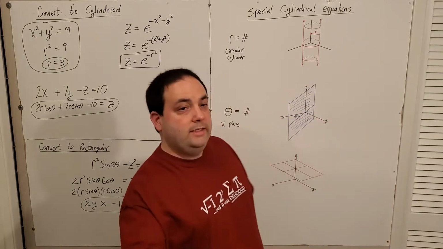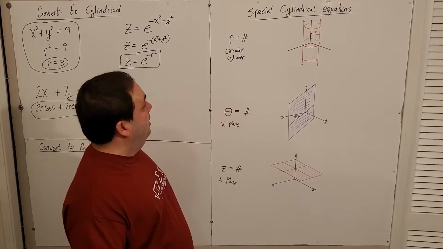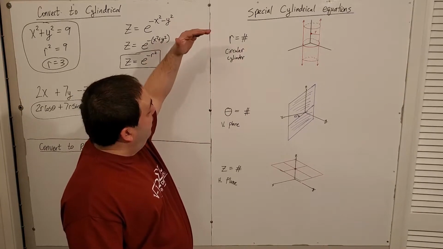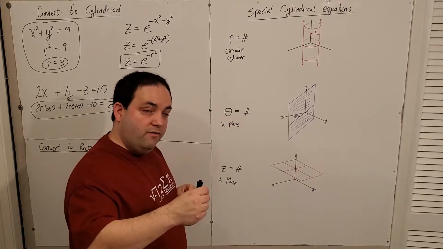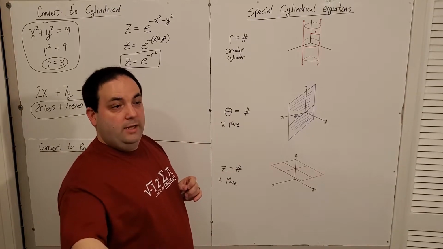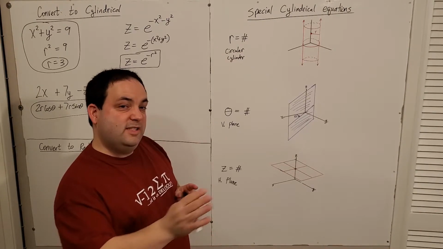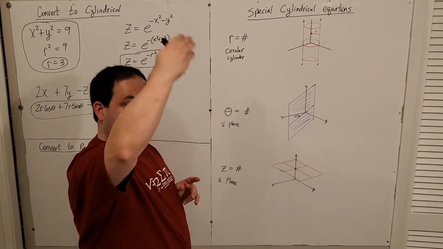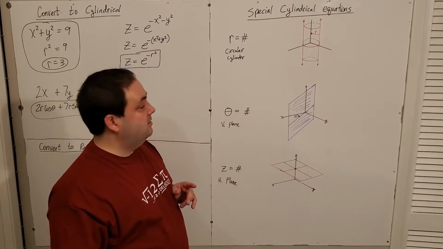With that in mind, the 3 special cases of cylindrical equations come out when you have, just like with any coordinate system, right? If you have just one variable equals a number. Like in rectangular, if you have just x equals a number, or just y equals a number, or just z equals a number, right? You get those planes that only hit that axis. Okay?